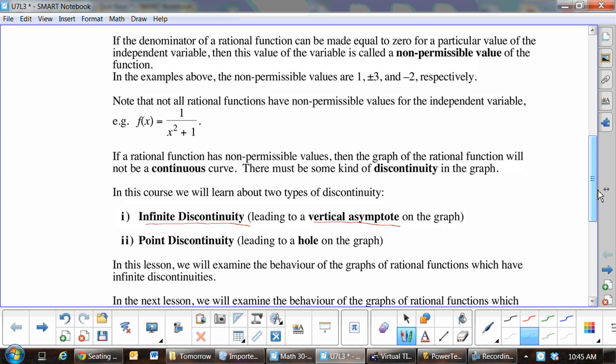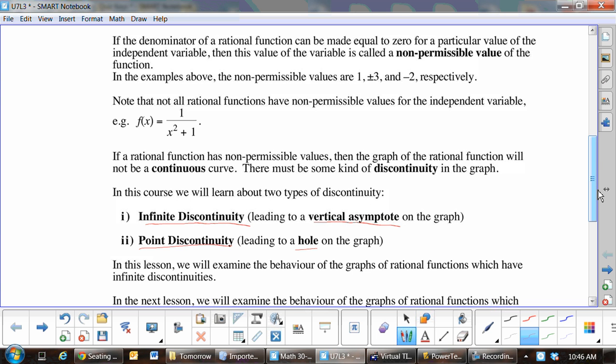So you do have to pick up your pencil to draw that. If you go left and right and you get the same, then it's continuous. And the point of discontinuity is a hole in the graph, okay?